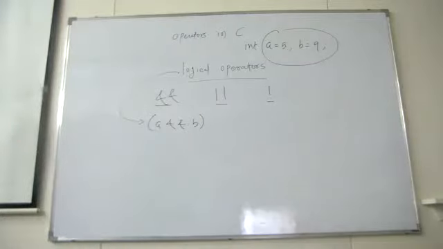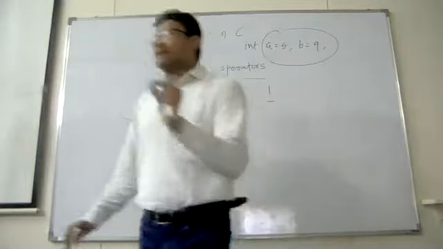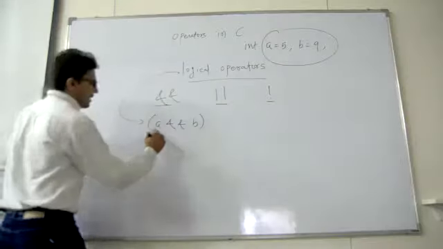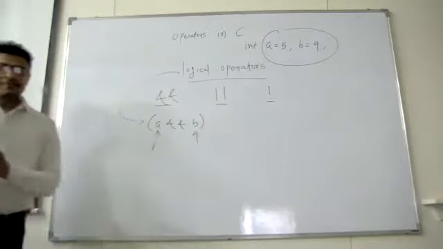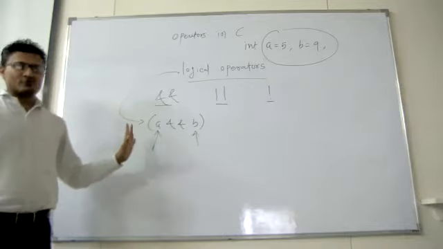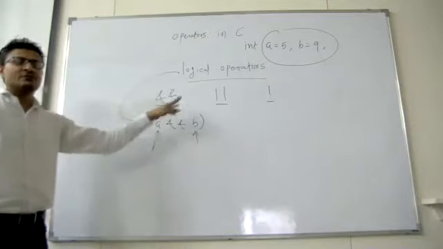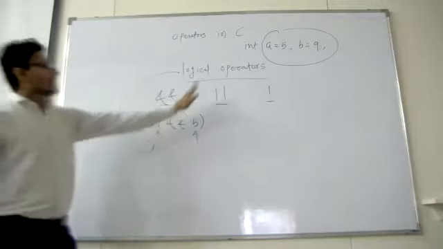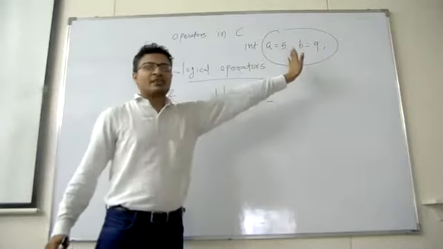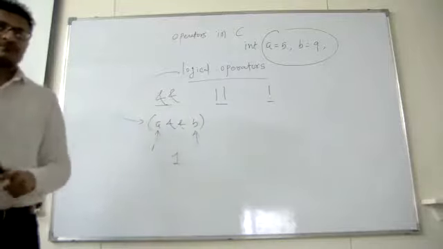Yes, obviously true. Here you have two operands a and b, and any non-zero value means true. Both a and b are non-zero values, so the answer would be 1.